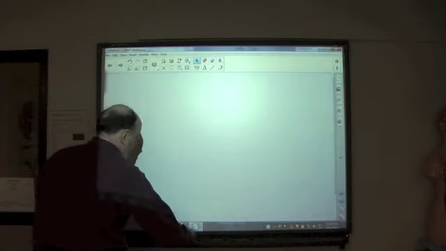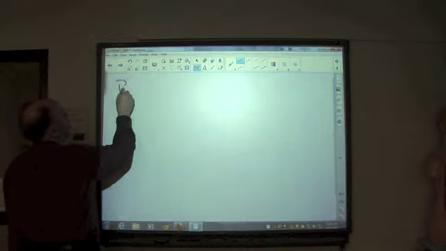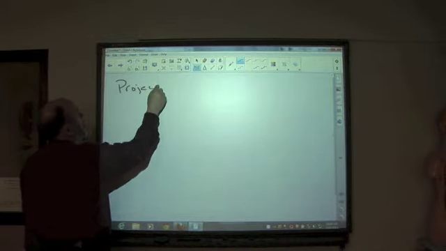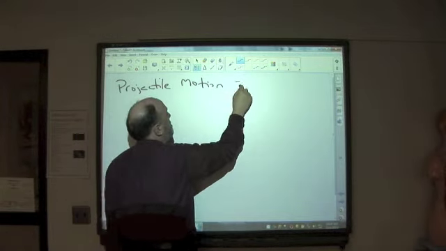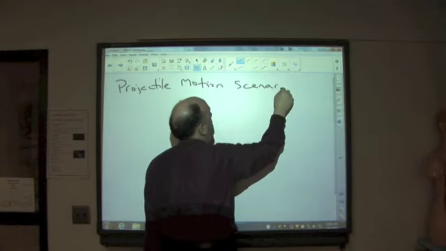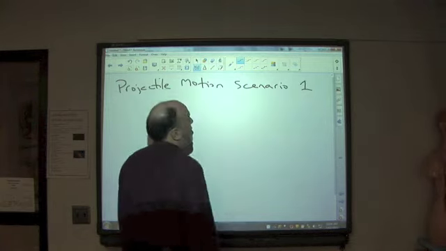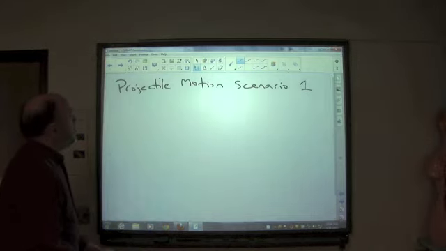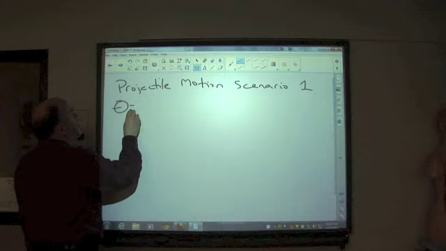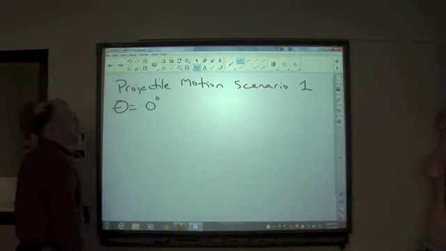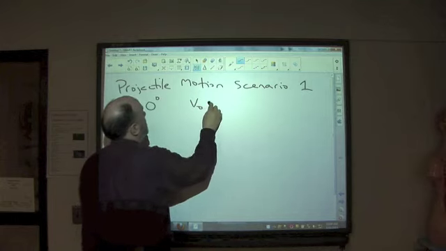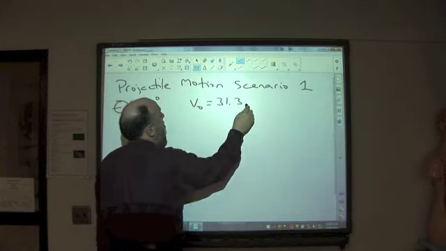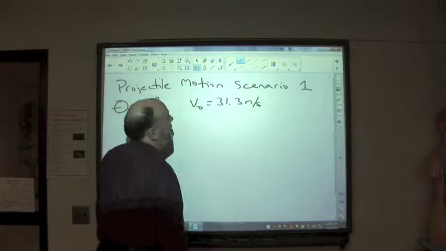So let's look at this. Projectile motion, and this will be scenario 1. Okay. So from this, we got that theta is going to be 0 degrees, launch angle, and the velocity of my projectile was given to be 31.3 meters per second.